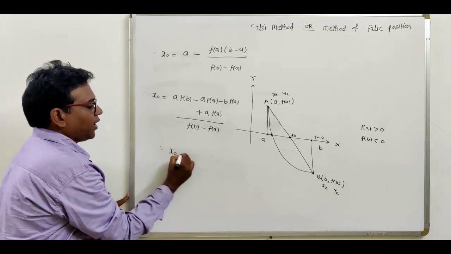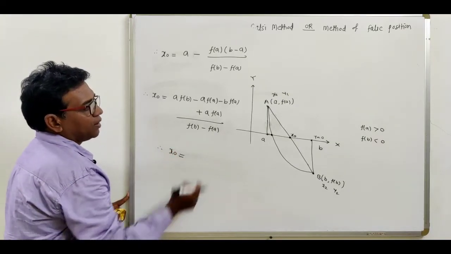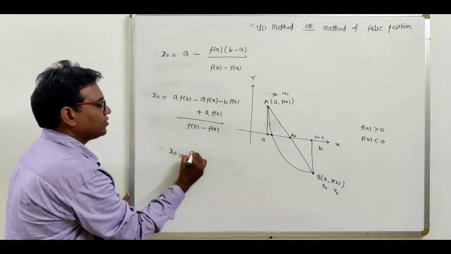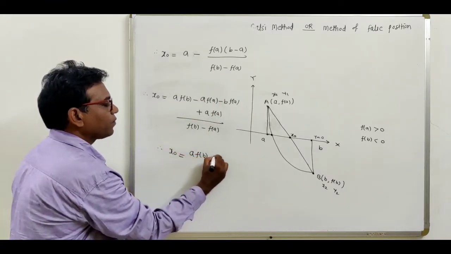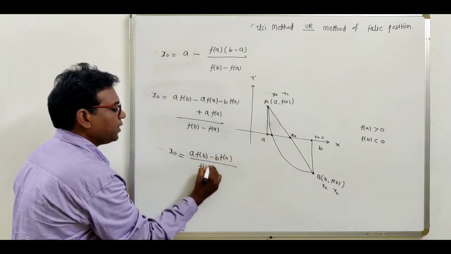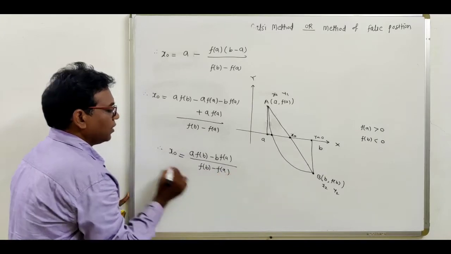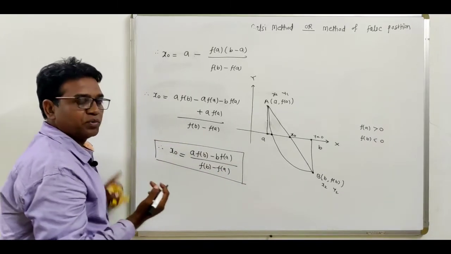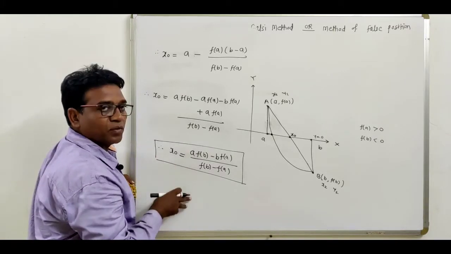So what is x0? X0 is equal to, this minus a fa and plus a fa get cancelled. So this is a into fb minus b into fa divided by fb minus fa. This formula gives us the first approximate root, which is x0.